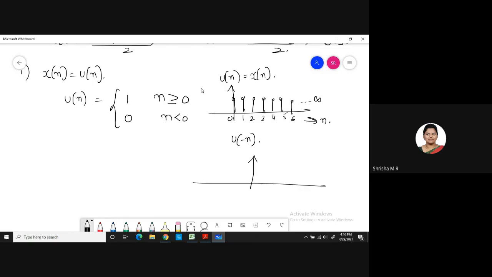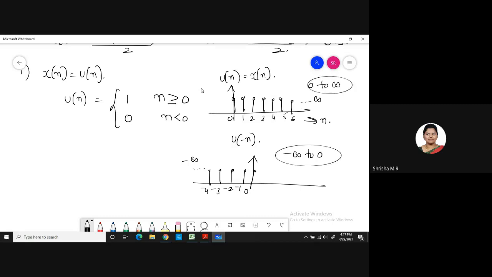The signal will exist from 0 to infinity on this side, so it will exist from minus infinity to 0, correct? So it will be at -1, -2, -3, -4, so on up to minus infinity. So this signal is existing from minus infinity to 0, and this is existing from 0 to infinity. Got it?